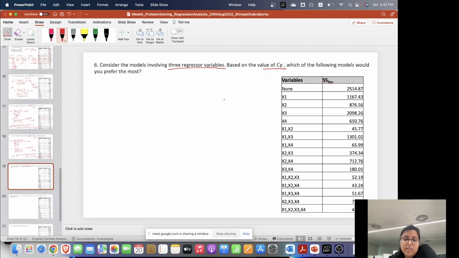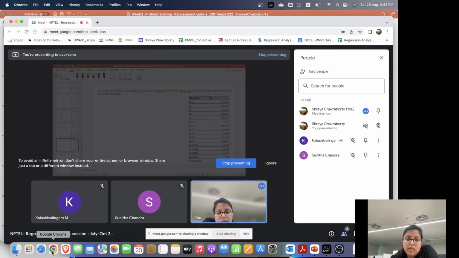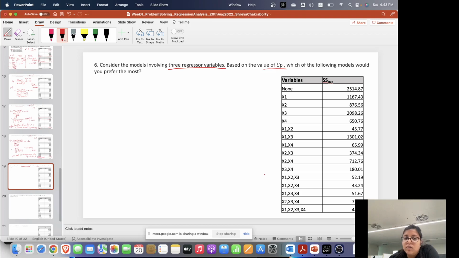Anybody? If we have to choose models involving three regressor variables, then we should focus on these models, because each of these models has three regressor variables.